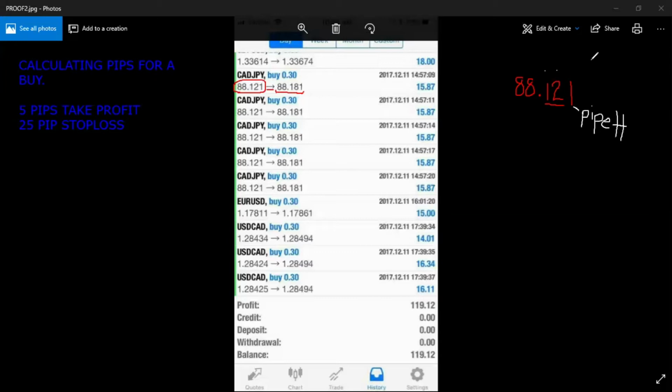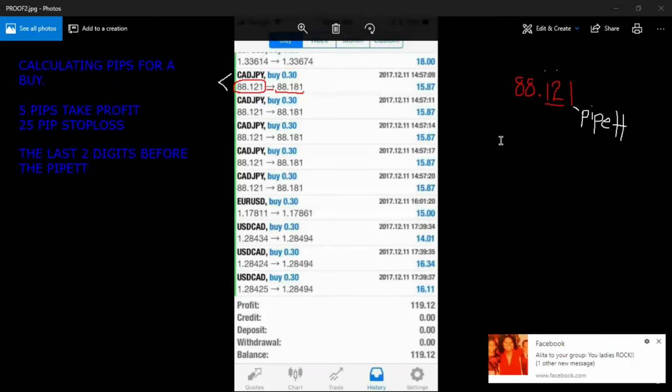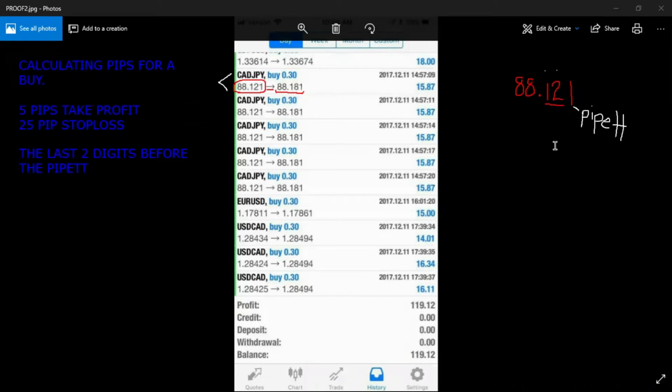So regardless of whether it is a JPY pair or a regular pair, you are going to use the last 2 digits before the pipette. In this case, we're doing the CAD JPY pair, so we're going to take the last 2 digits before the pipette.